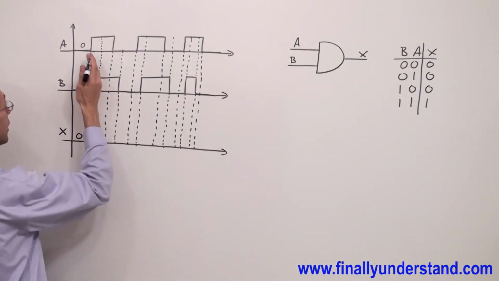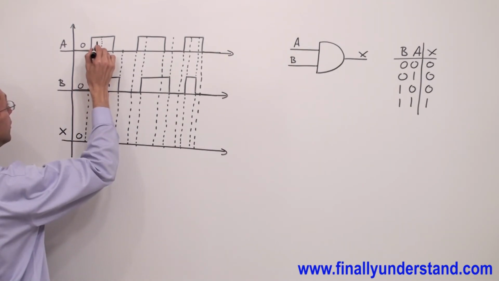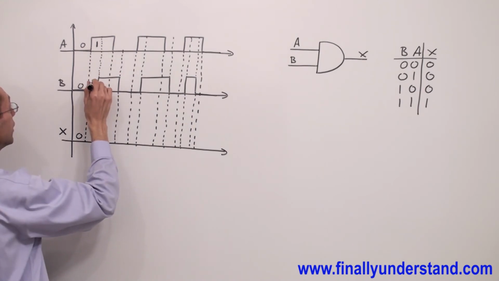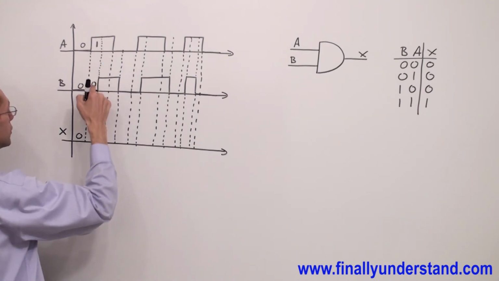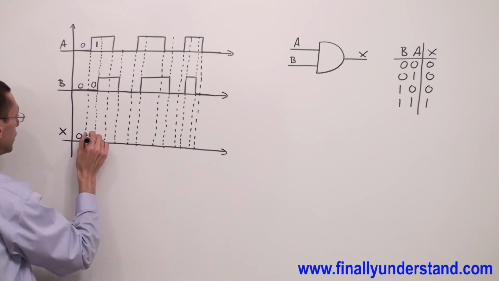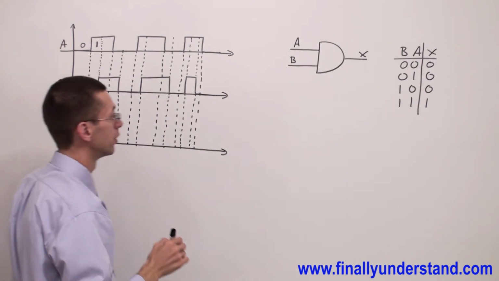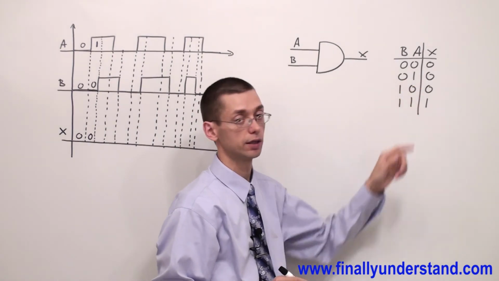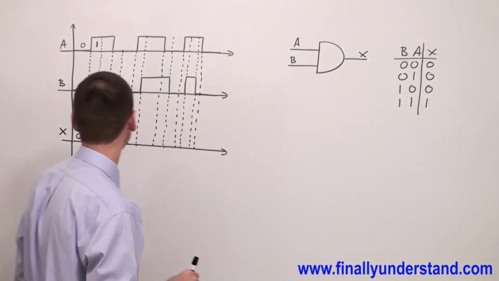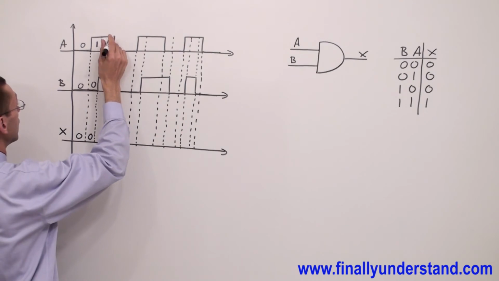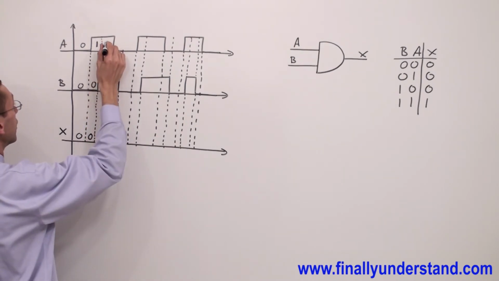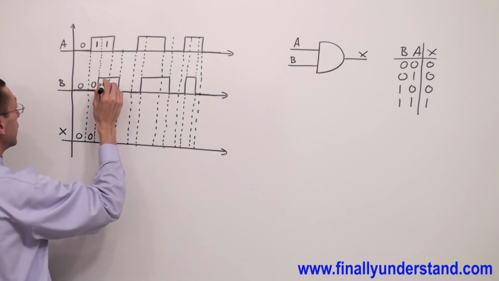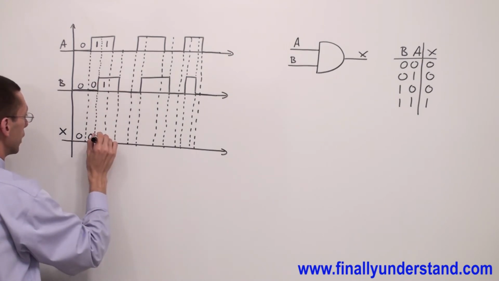In this column, I'm going to have 1 over here and 0 over here. 1 times 0 gives me 0. 1 times 0 or 0 times 1 gives me 0. Next column, we have 1 times 1 gives me 1.